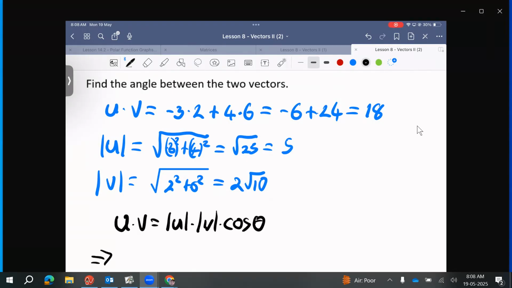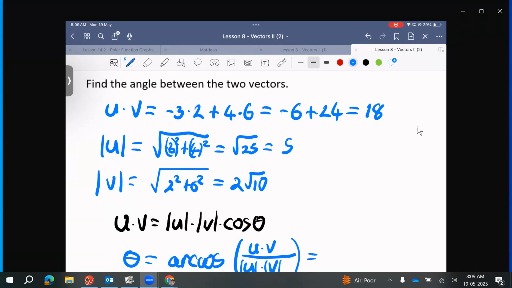This implies that theta is equal to arccosine of u dot v over the magnitudes of u and v. So the arccosine of 18 over 10 root 10.